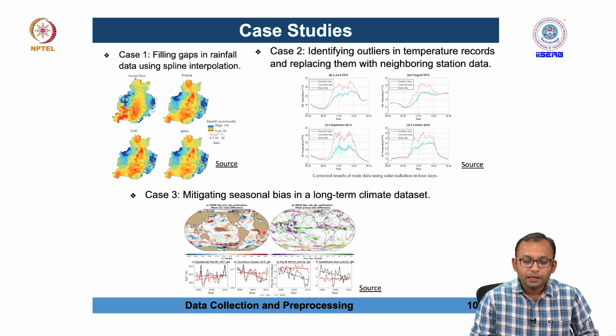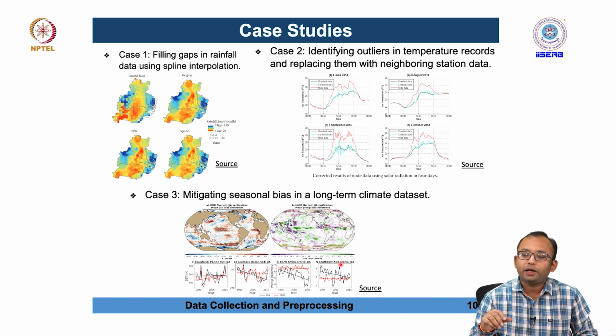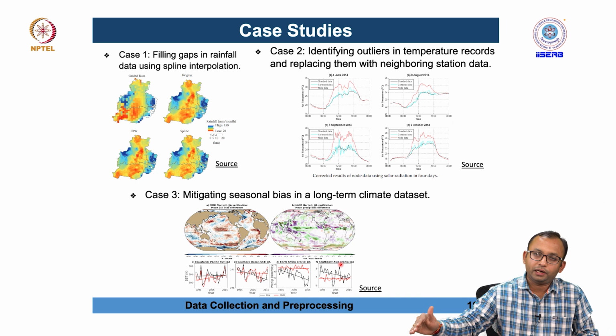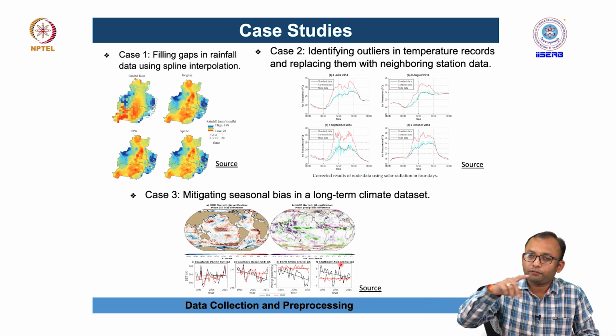There is another case study which basically computes the seasonal pattern or seasonal biases in a long term climate data set. They analyzed the sea surface temperature in different parts of the world, and then they removed the seasonal biases to have a longer term climatic data set. Why is it important? Because when you have a longer term record of the data with a seasonal pattern, in a few months it will be increasing and then in another month it is decreasing.